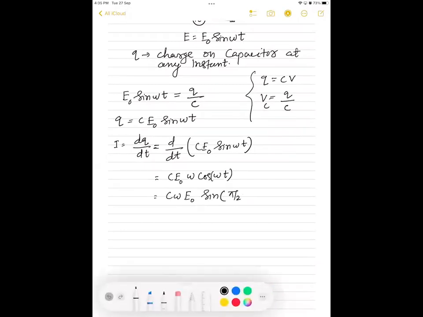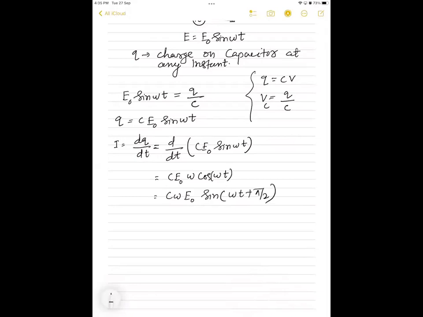Or we can write sine of omega t plus pi by 2. This is the current. And this is the maximum current I naught, so I is equal to I naught sine omega t plus pi by 2.